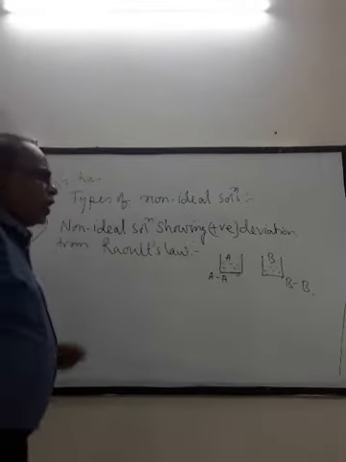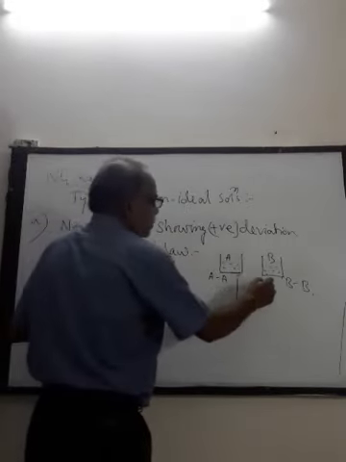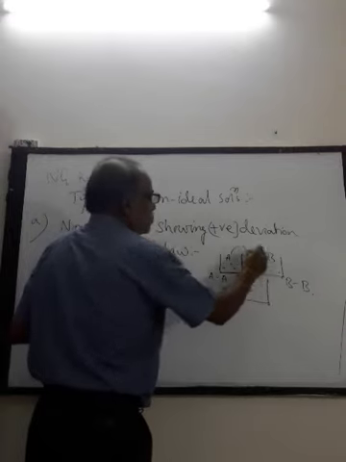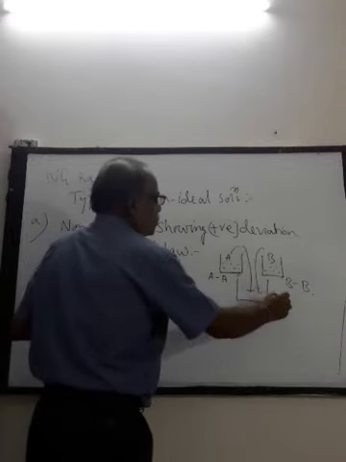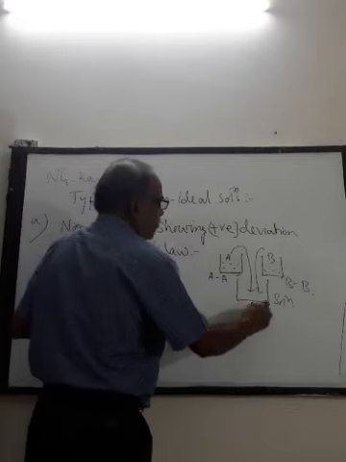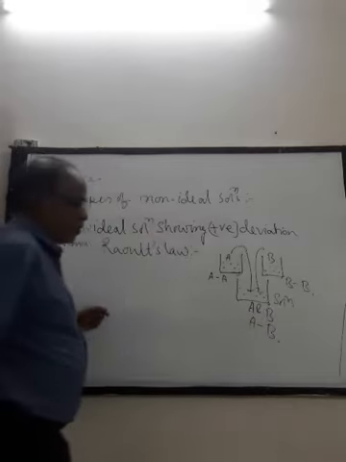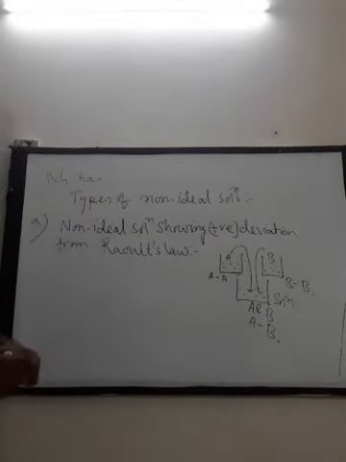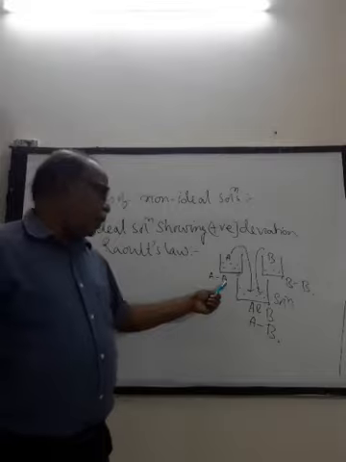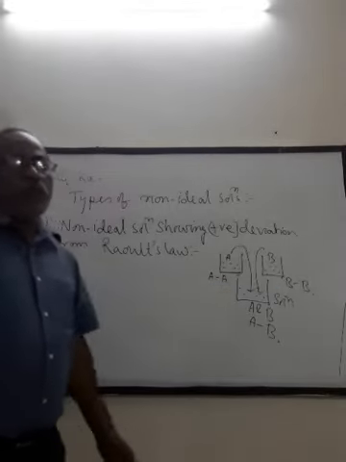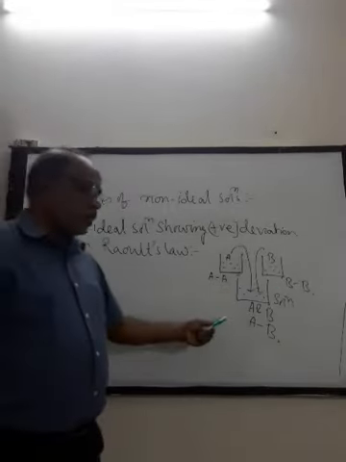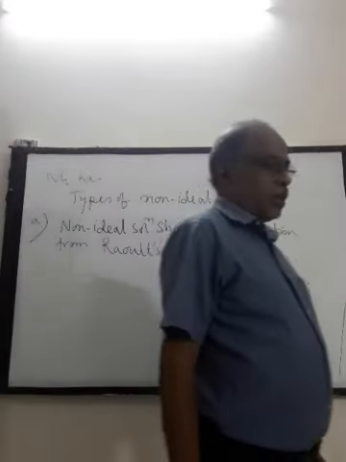Now A and B are mixed together to form solution where both A and B are present. Here AB interaction. So before mixing, AA interaction and also BB interaction, and after mixing, AB interaction.